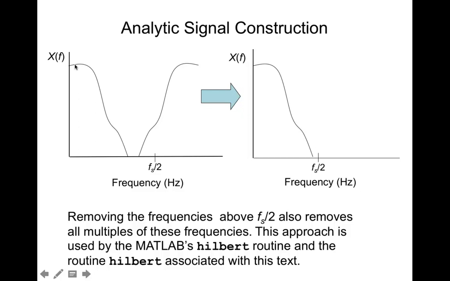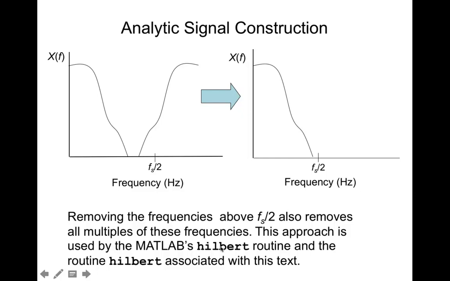So it takes the left-hand side of the function and reflects it over on the higher frequency end. Given that, the Hilbert routine takes the values below the sampling rate over 2, meaning you're not getting those reflected values that come from the negative part of the curve.